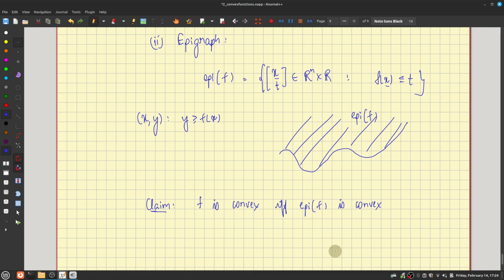Now, given f, which is convex, we know that the epigraph is guaranteed to be convex. It's a convex set. What does the supporting hyperplane theorem tell us? It says that there exists a supporting hyperplane at every point on the boundary of the epigraph.